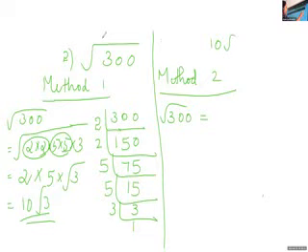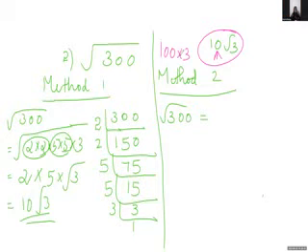Listen, you got the first method, you got the answer as 10 root 3. From this 10, you write the square of 10. What is square of 10? 100. So 300 is 100 into 3. Did you understand, Rachel? Yes, ma'am. So root 300 you can write as root 100 into 3.